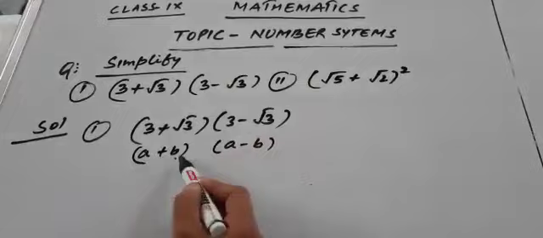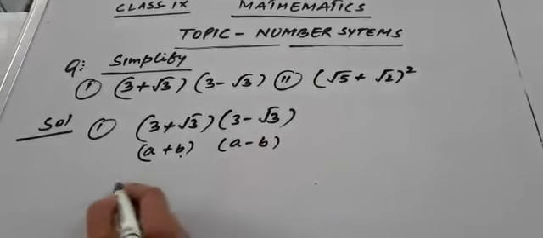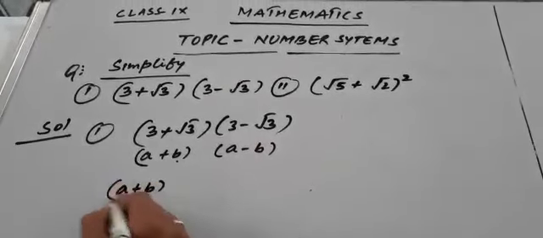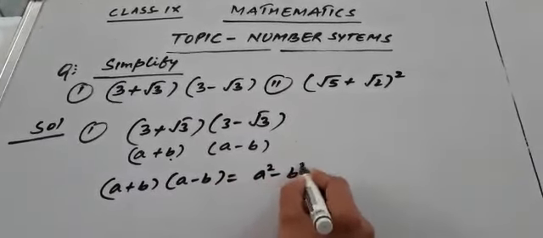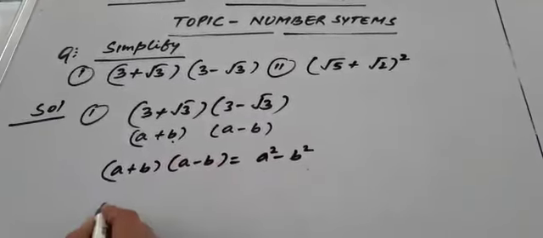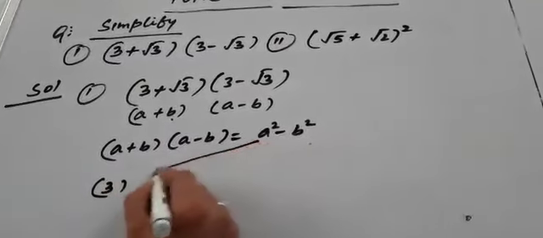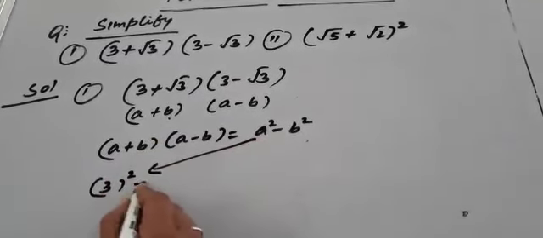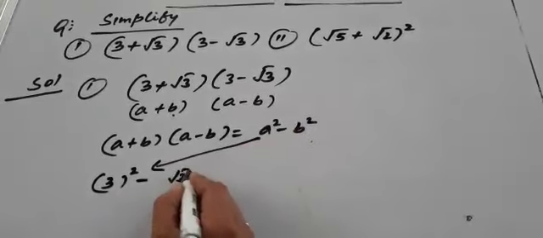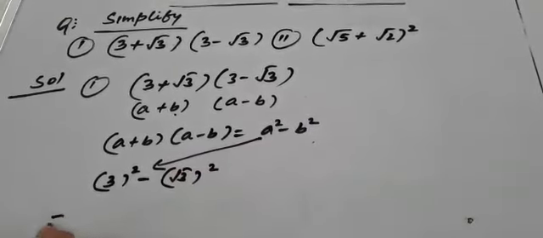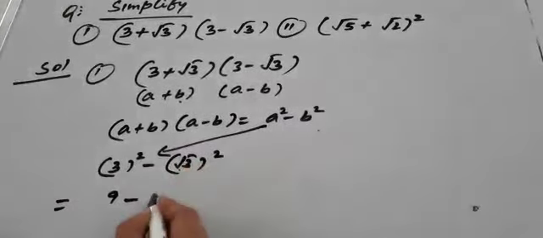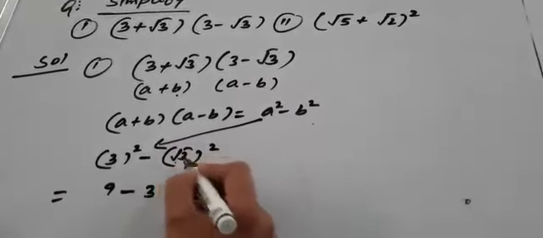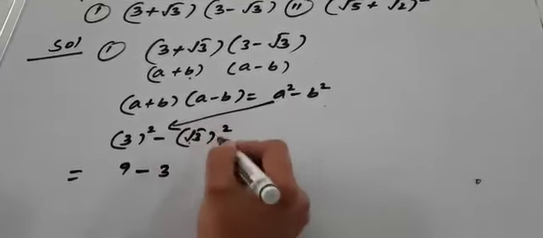By the identity, a plus b into a minus b equals a square minus b square. Here a is 3, so you can write 3 square minus root 3 square. Then 3 square is 9 and root 3 square is 3.